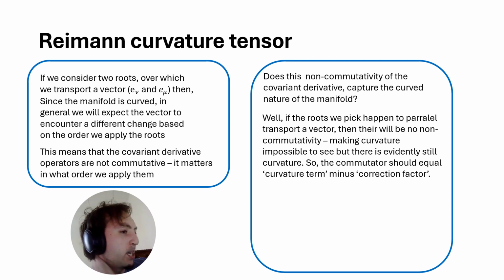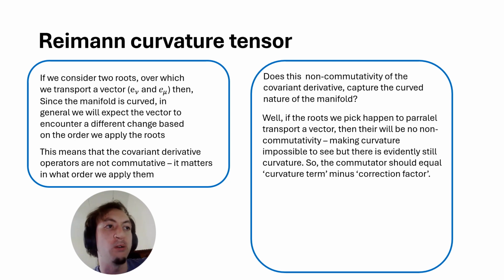And therefore, we need a situation where our commutator between our covariant derivatives is 0, but the curvature isn't 0. So we have to have the commutator acting on the components of the vector.